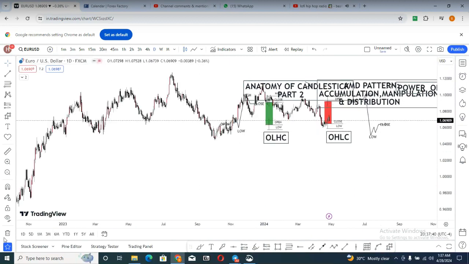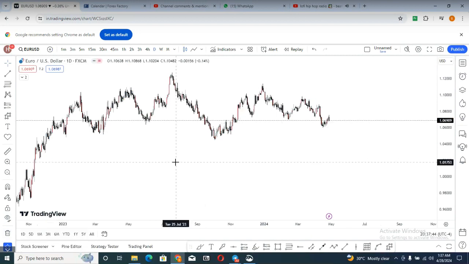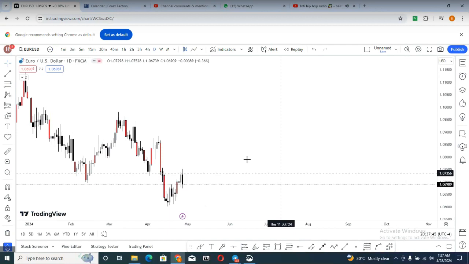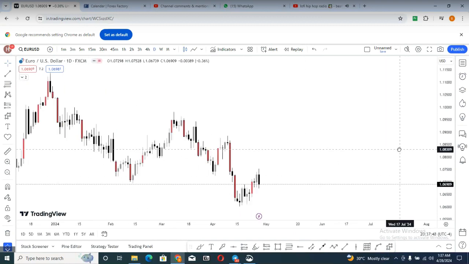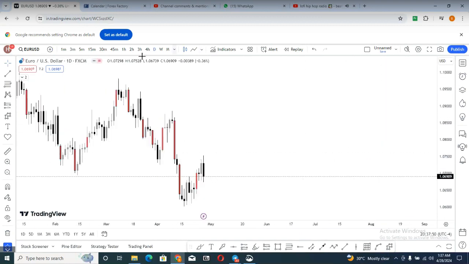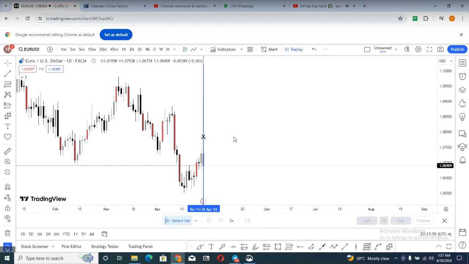Okay, I think I need to clear everything. Now, this is the daily chart. I think I need to start from the last Friday.